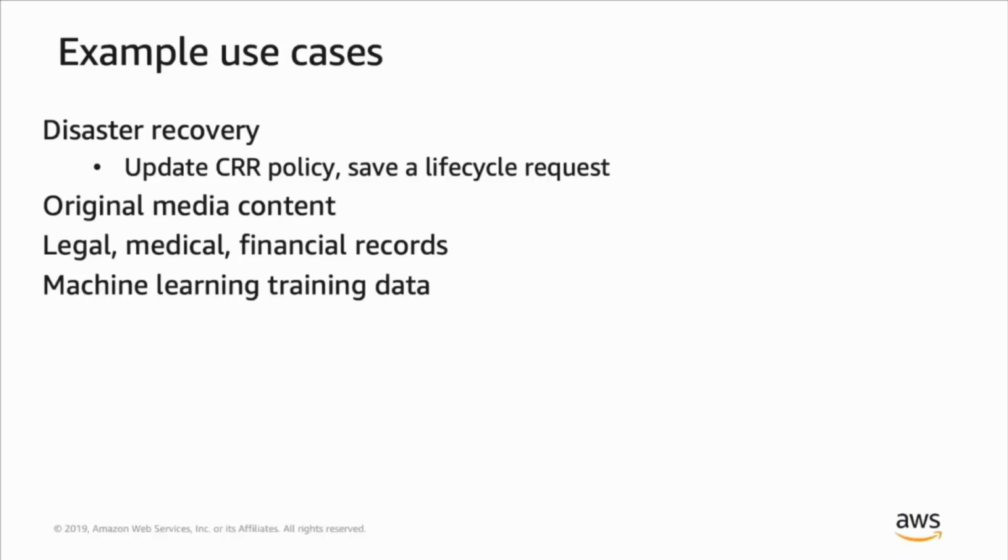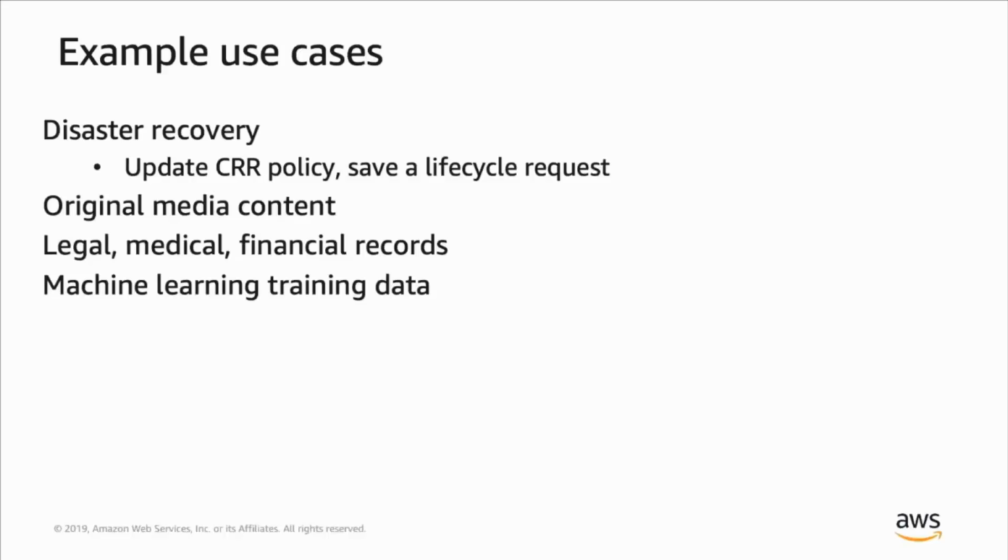And the last example is machine learning training data, things like autonomous vehicles, drones, any type of research. So the value of being able to access that data at some point in the future when there's a new analysis or to train a new model or something like that, Deep Archive is a great way to keep those costs low.